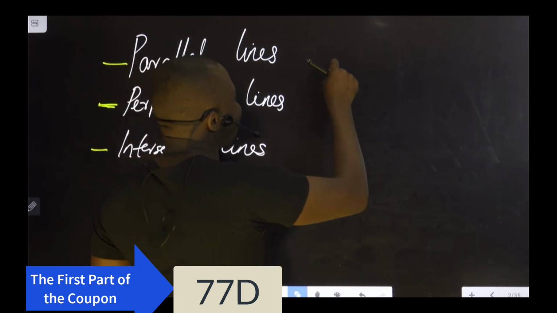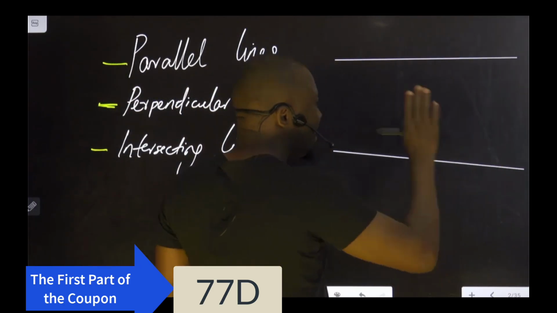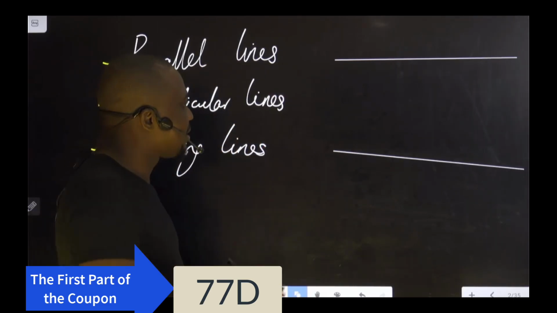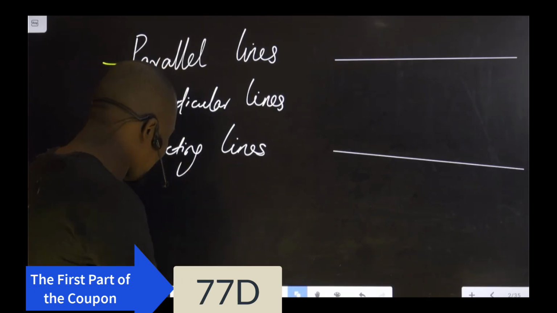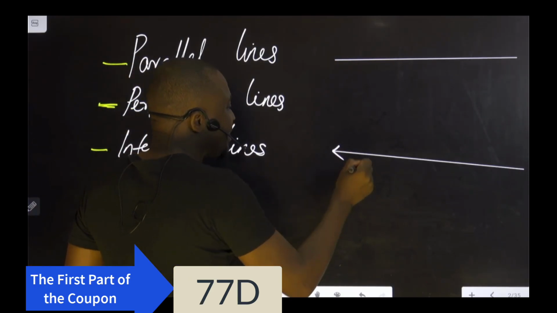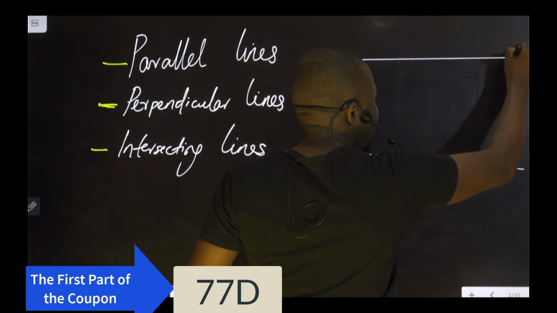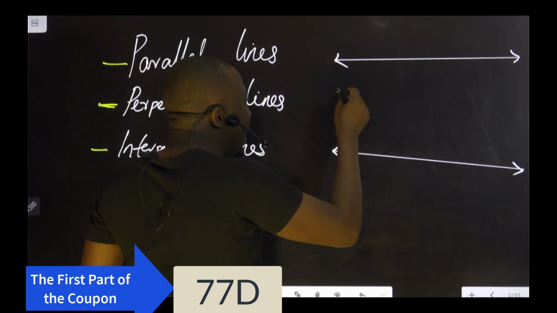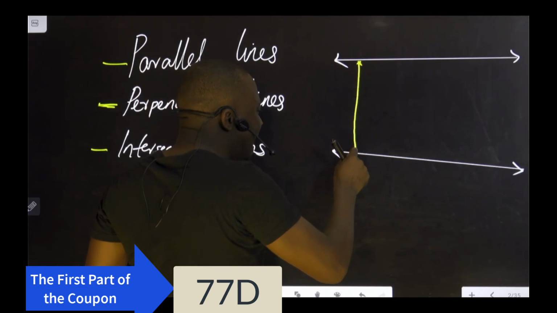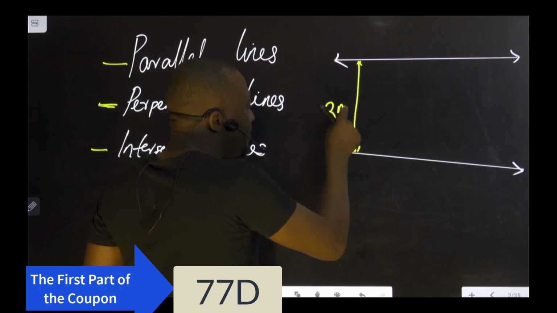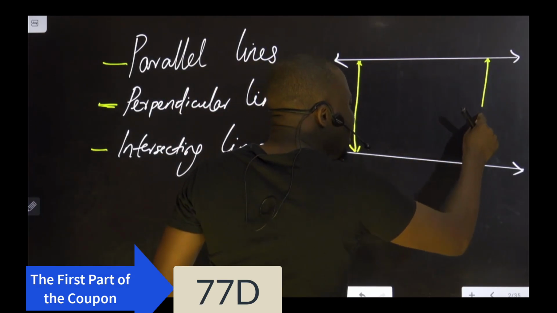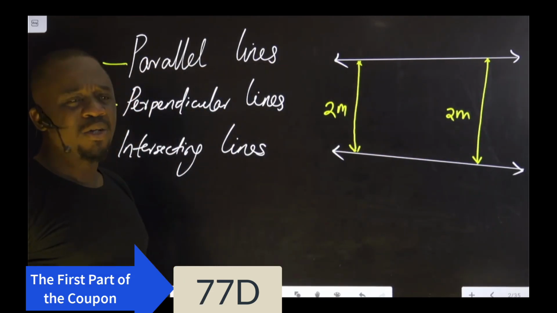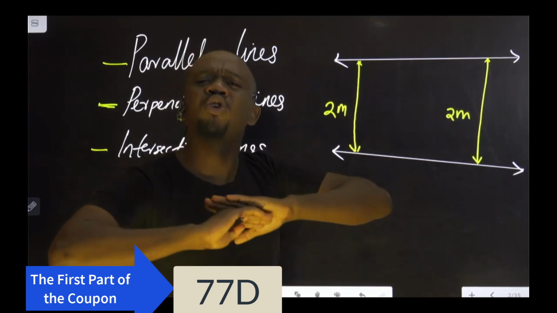If you see two lines that go on and on without ever meeting at any point, irrespective of how far you extend them, and the distance between them is, assume, 2 meters, these 2 meters will remain forever as long as you continue to extend these lines. So the distance between the lines is always going to be the same.